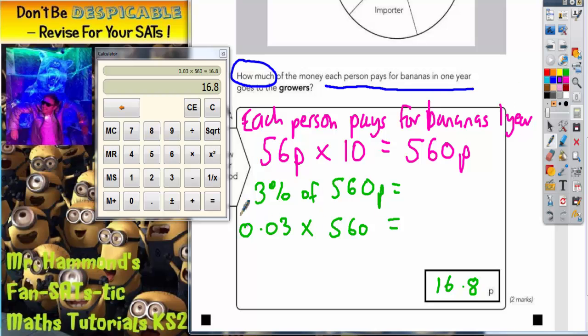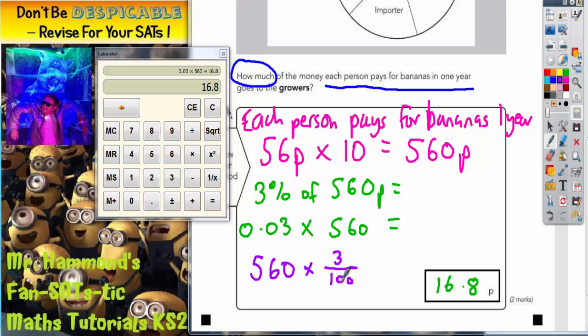The other way you could have worked out this same question of 3% of 560p would be to multiply 560 by the equivalent fraction. Well, 3% is 3 out of 100 because percentage is out of 100. So it's 560 times 3 out of 100.